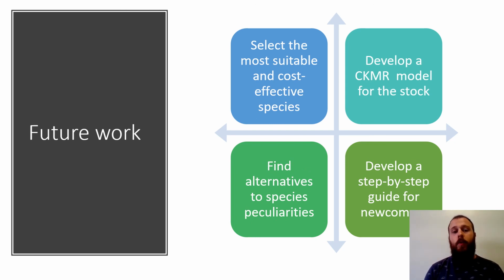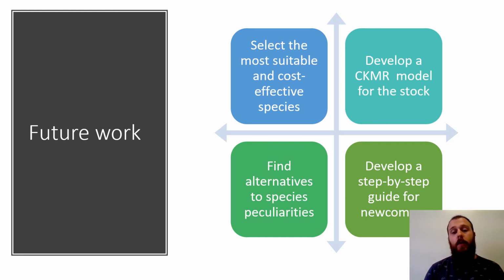And as future work, we would like to select the most suitable and cost-effective species from this list, and develop a CKMR model for that stock, finding alternatives to that particular species.